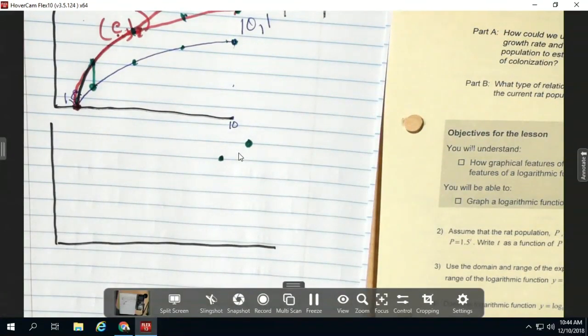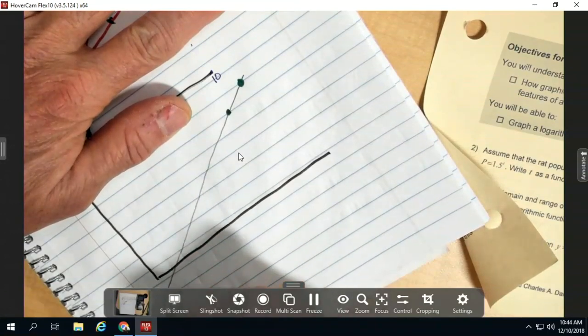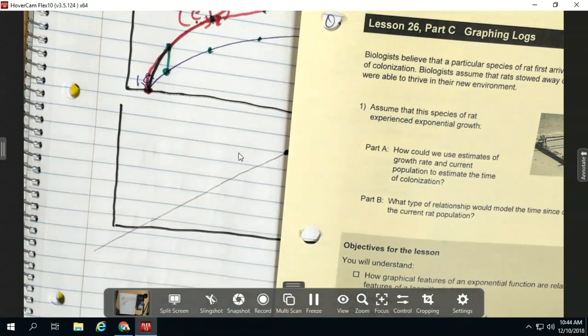If it were a linear function, what would you be able to do with those 2 points? Right? Everybody agree? Now, couple questions for you. First question is, how do you know the growth of rats can't be linear? Because rats. Well, if you look at the graph, it helps you understand something.